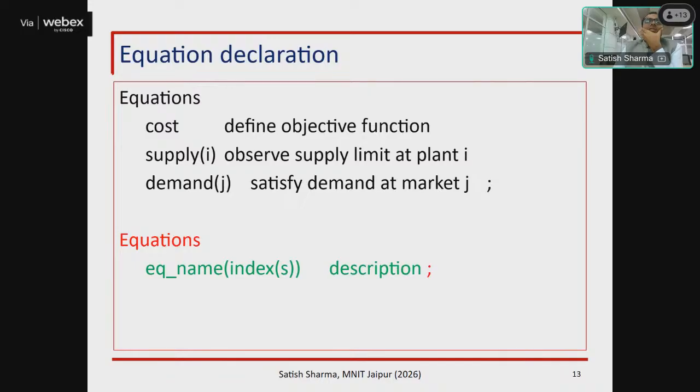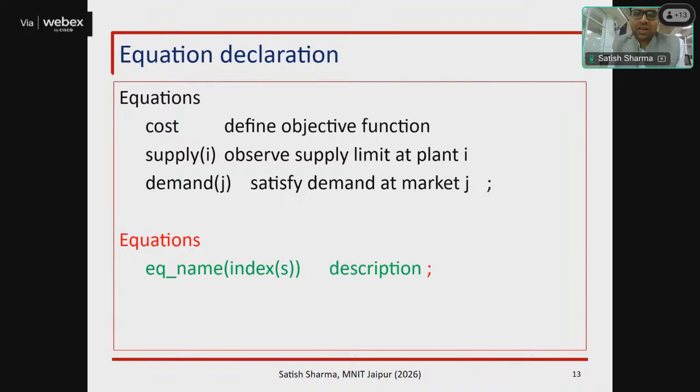Then the next is equation. As we looked at the ACOPF program, I clearly asked you what the different variables are, what the different parameters are, how the function looks, and what the constants are.